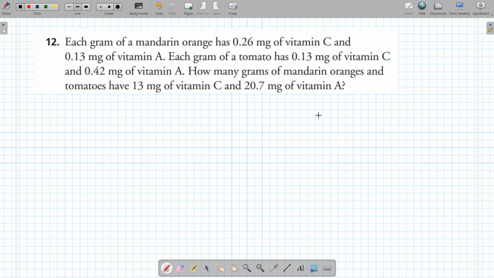What's our X and Y? X and Y is always going to be whatever they ask you for. How many grams? Yeah, X and Y is going to be the grams.